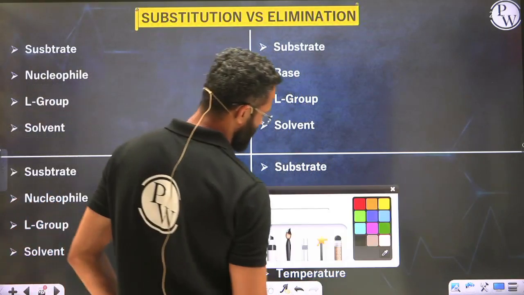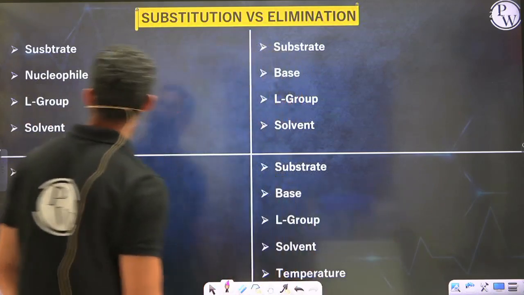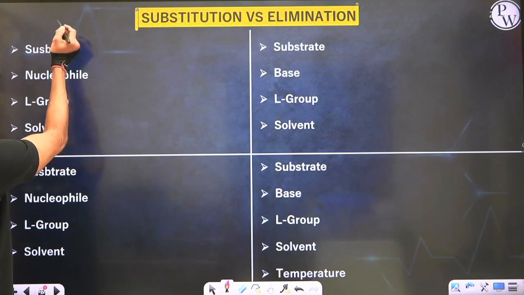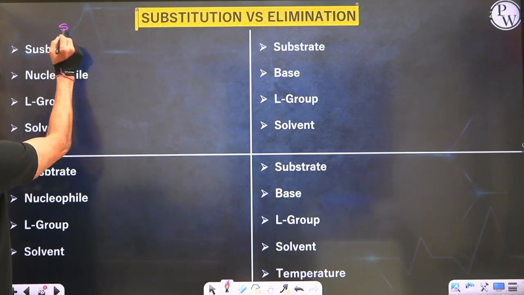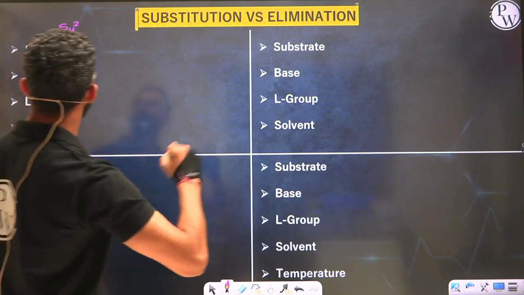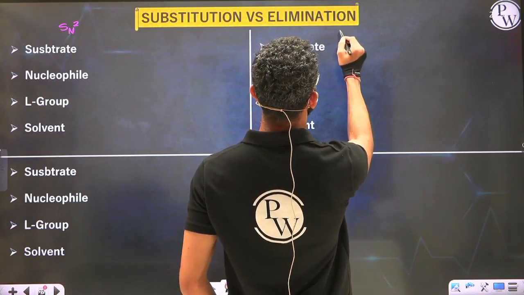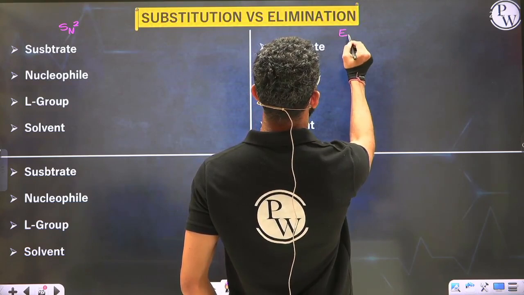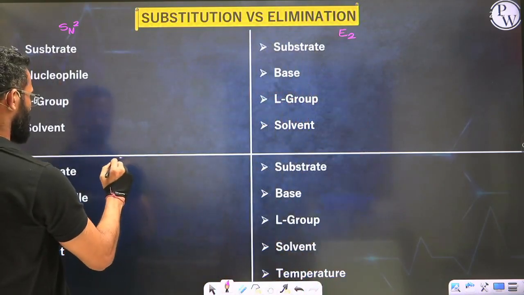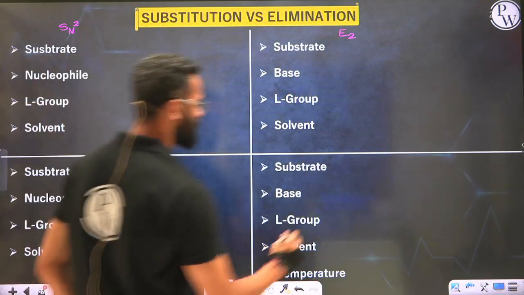So guys, remember, here we have got SN2. Here we have got E2. Here I'm comparing SN1 and here E1.